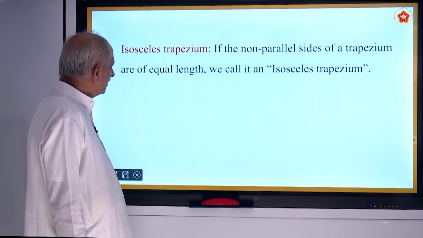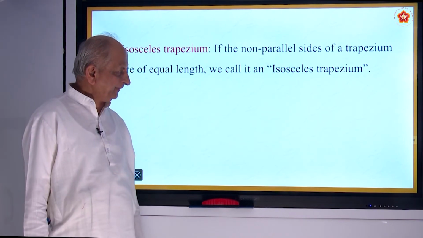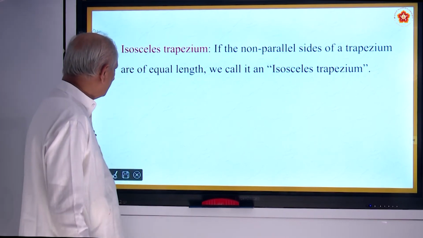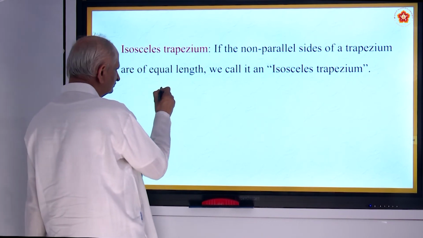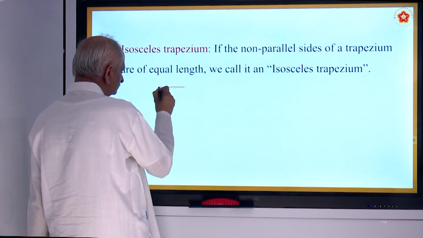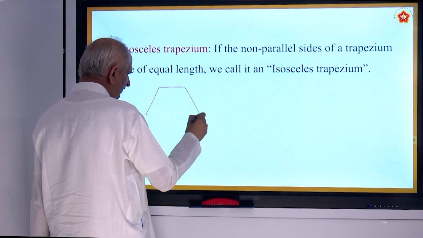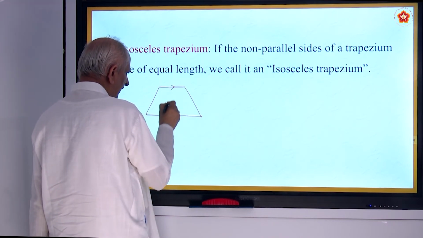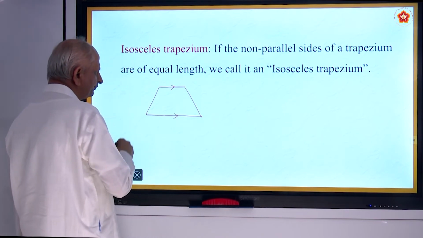Now, isosceles trapezium. If the non-parallel sides of a trapezium are of equal length. So, what is a trapezium? It is a quadrilateral having parallel sides.